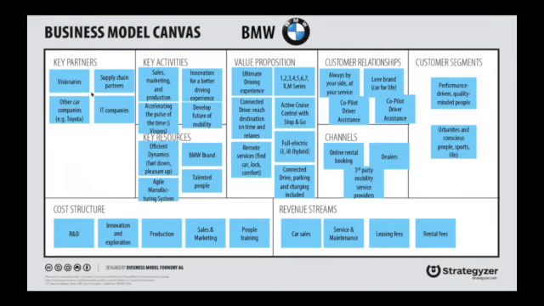The reason I use this BMW example is, if you're thinking of a car company traditionally, and you're not familiar with this canvas, you'd say, who do car manufacturers sell to? I guess people who need a car. Yeah, that's fine.